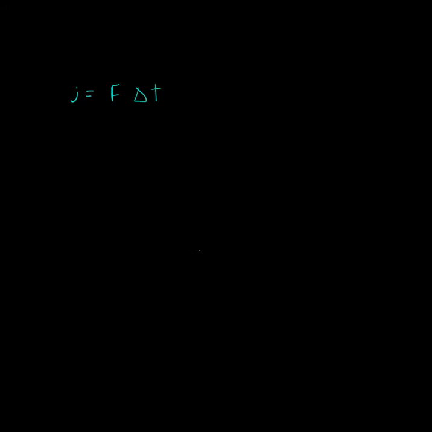If, for example, we want to throw a punch that does as much damage as possible, if we're boxing or something, if we have a determined impulse, we would want the time of contact to be as low as possible. Low time of contact, high force, more damage. So that's just some different ways we can look at this equation and get some interesting information from it.